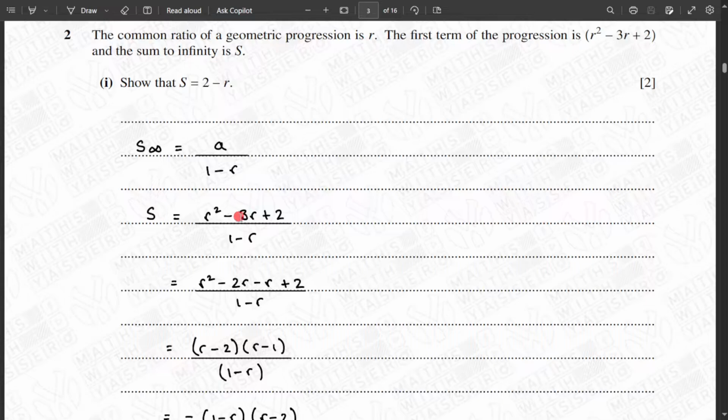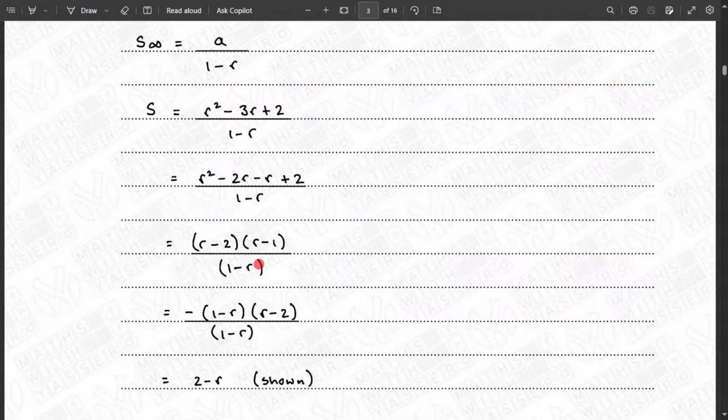If we middle term split this equation, it will be r square minus 2r minus r plus 2. If we take the factors, then it would be (r minus 2)(r minus 1) over 1 minus r. Now, what we can also do is take minus common from this factor, and write it as minus within brackets (1 minus r), and we leave r minus 2 the way it is.